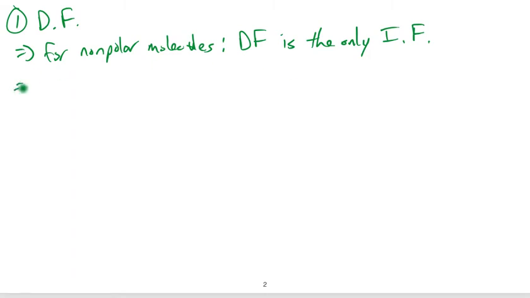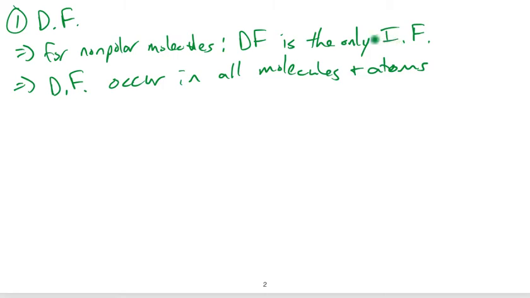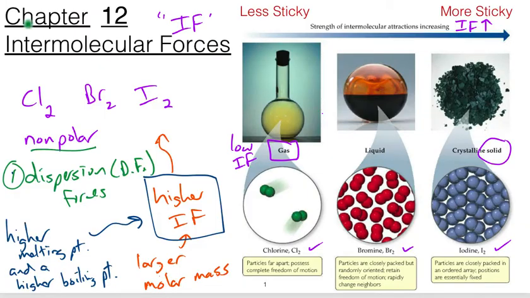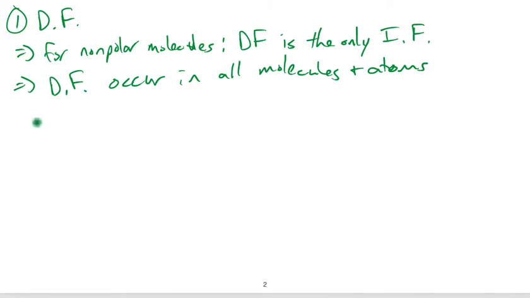Something else to note is that dispersion forces occur in all matter, in all molecules and atoms. And just to restate: if I'm saying that these three only have dispersion force because they're nonpolar, and that the intermolecular force is higher because of molar mass, to boil that down into a more succinct statement, we can say the dispersion forces are proportional to the molar mass.